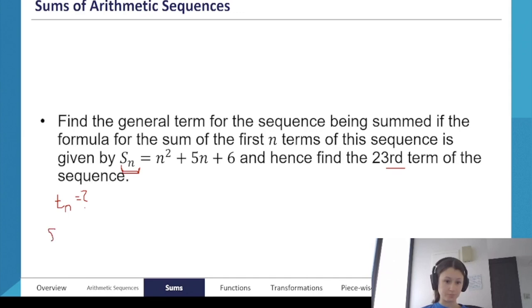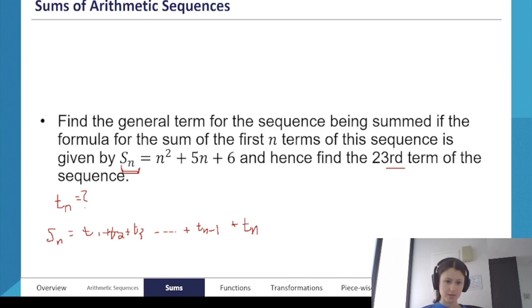Our Sn formula tells us the sum up to the nth term, right? So T1 plus T2 plus T3 and so on up to the term before n, and then finally our term n. We're just adding up all the terms up to term n, whatever term n is.